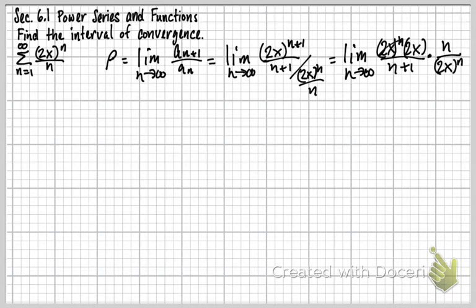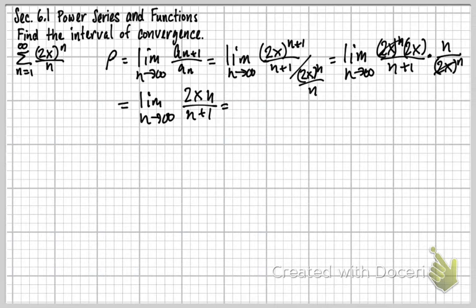Okay, and then I can see that those cancel out. So what I really have here is the limit as n goes to infinity of 2xn over n plus 1.